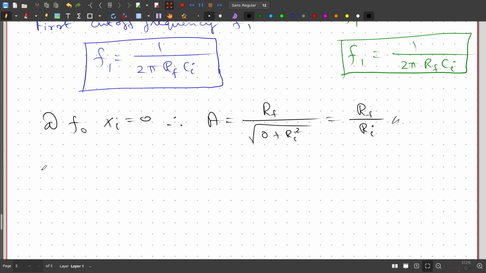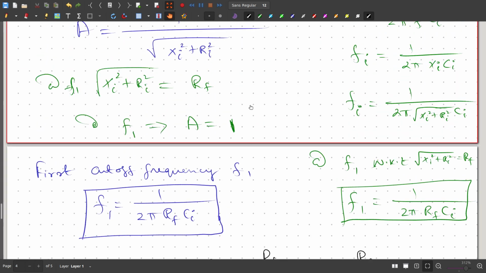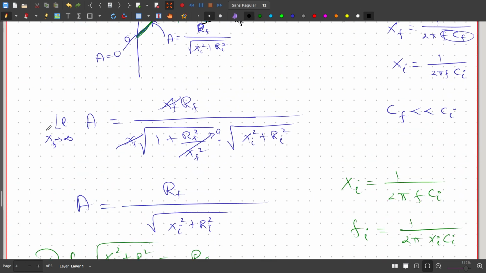And further increasing the frequency, at f equal to f of XF, this approximation is no more valid.